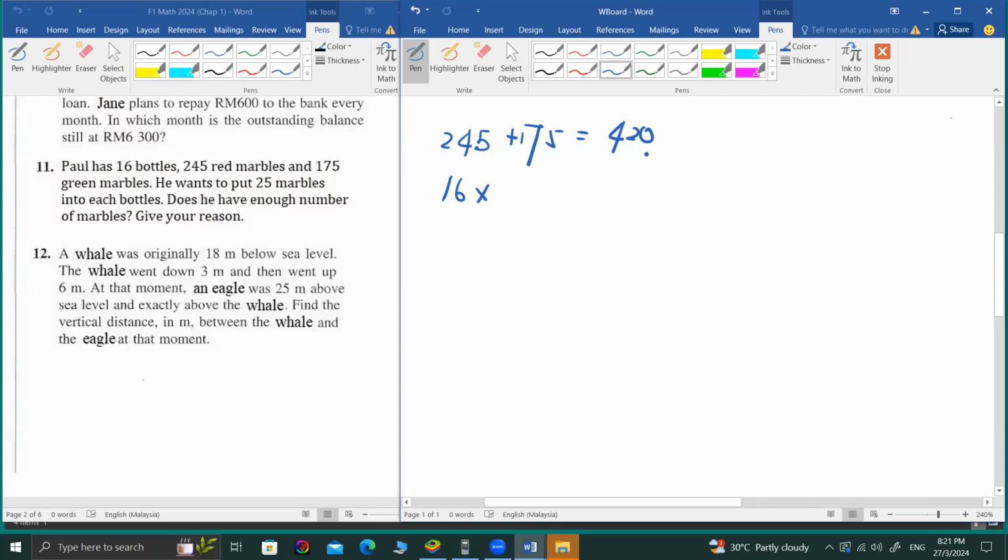Can mix, okay? As long as 25 marbles to put into 16 bottles. How many here? Use the calculator, 16 times 25? 400. Then you just need to put 400 only. But you have 420. See that? So yes, enough. Extra 20 already.